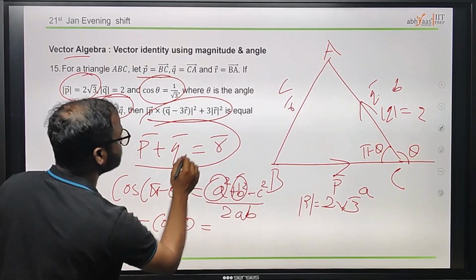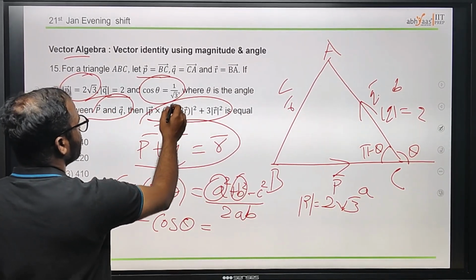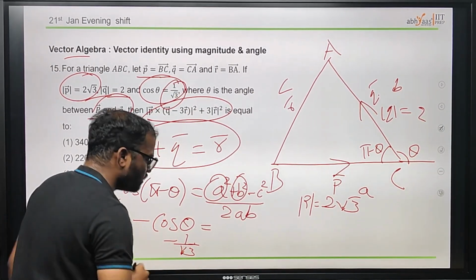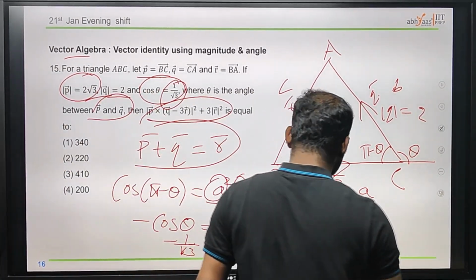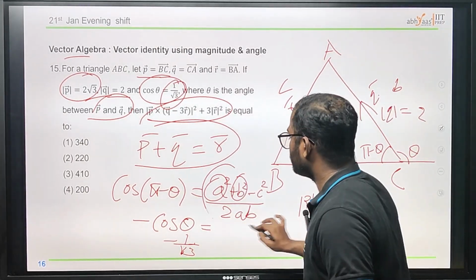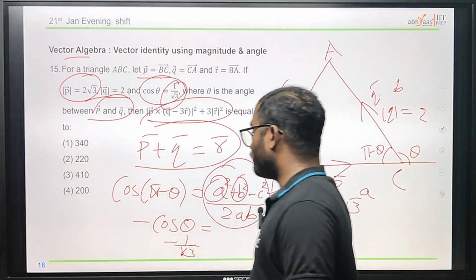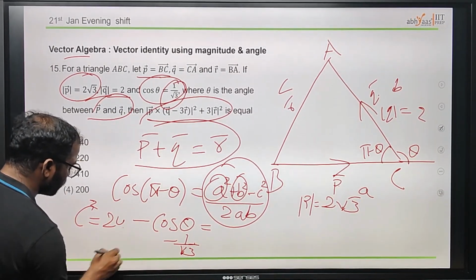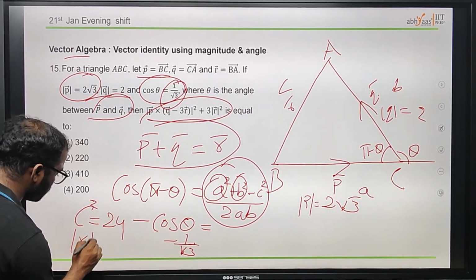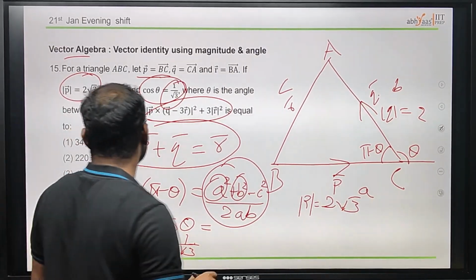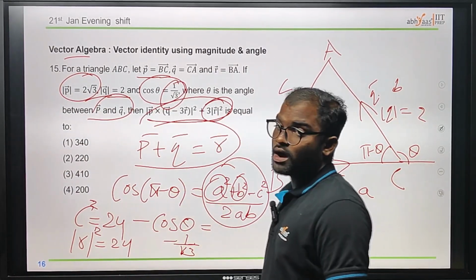Also we have cos theta as 1 by root 3, therefore there will be minus 1 by root 3. We substitute those values here, and we will get the answer c as 24. That is nothing but mod r square is equal to 24. Now we got mod r square.